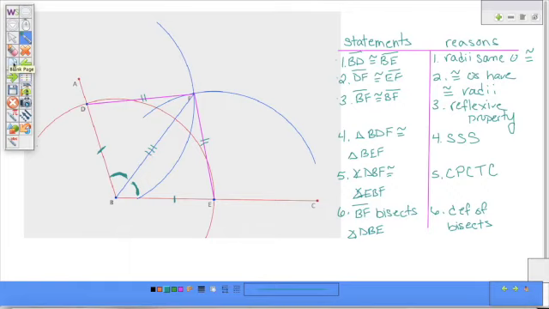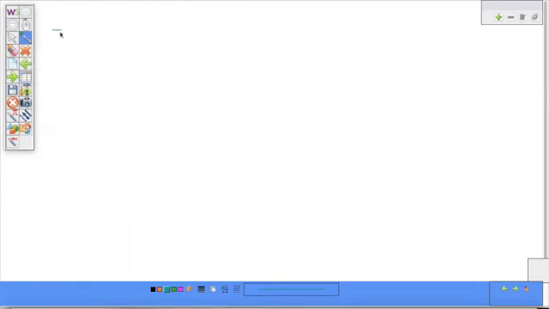So here we go. We learned what is side, side, side.